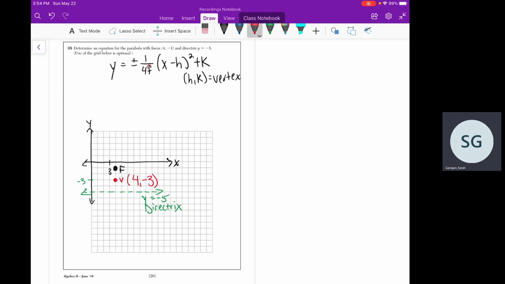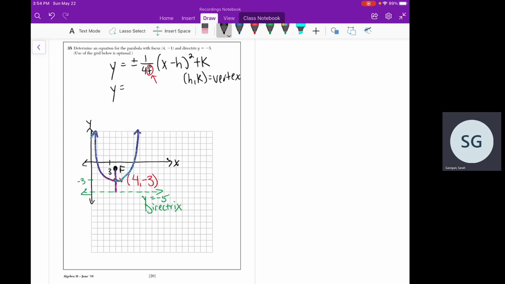I call it f, you call it p or some other letter. That is the distance from the vertex to either the focus or directrix. In either case, because it's equidistant, it's just going to be 2. It's that distance right there that I'm doing in that rainbow color. So that is going to be 2.